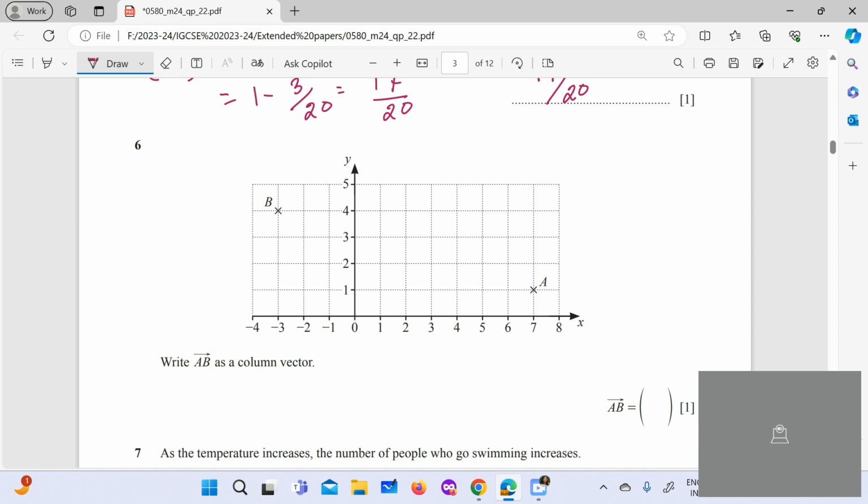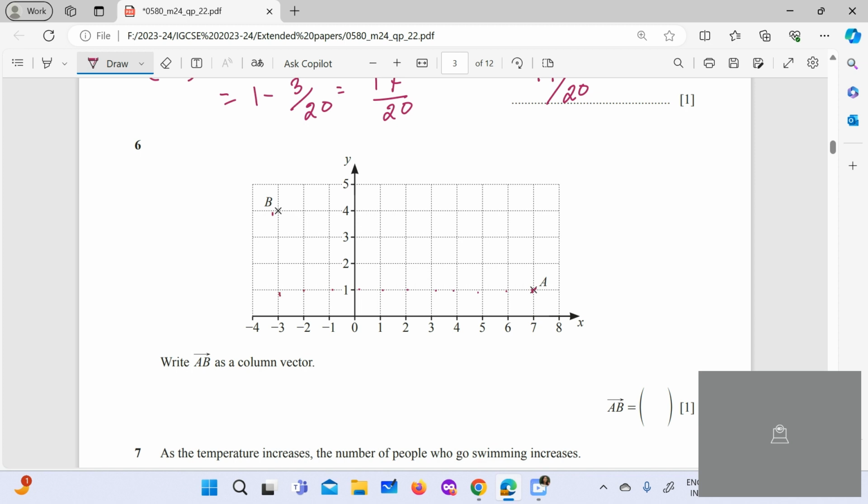Okay, it's very simple. It's moving from A to B. So you can directly do it here. How? Since A is going to B, it is moving towards the left, and when you are moving towards the left, x is negative. Now, minus 1, minus 2, minus 3, minus 4, minus 5, minus 6, minus 7, minus 8, minus 9, and minus 10.